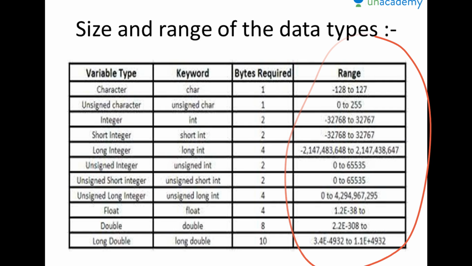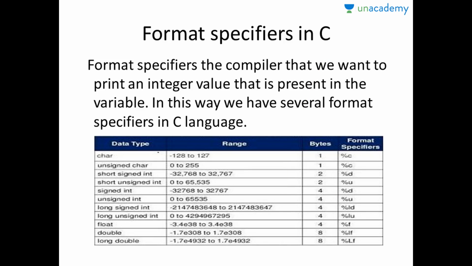Now this was about the whole size and range. Now as I told you, we will cover format specifiers. A format specifier tells the compiler that we want to print an integer value that is present in the variable.